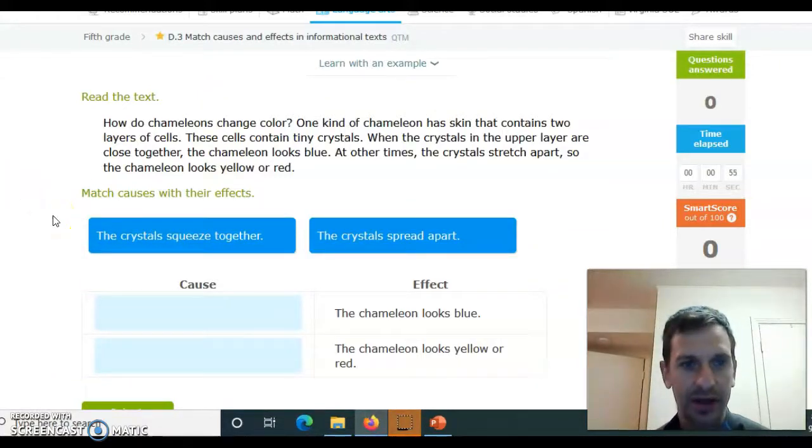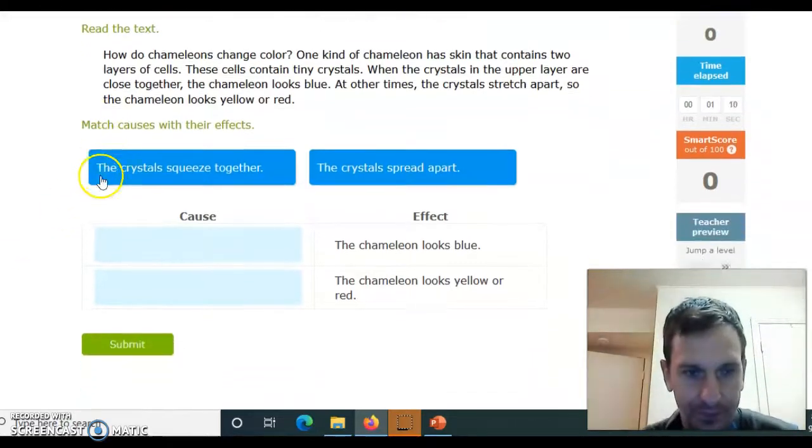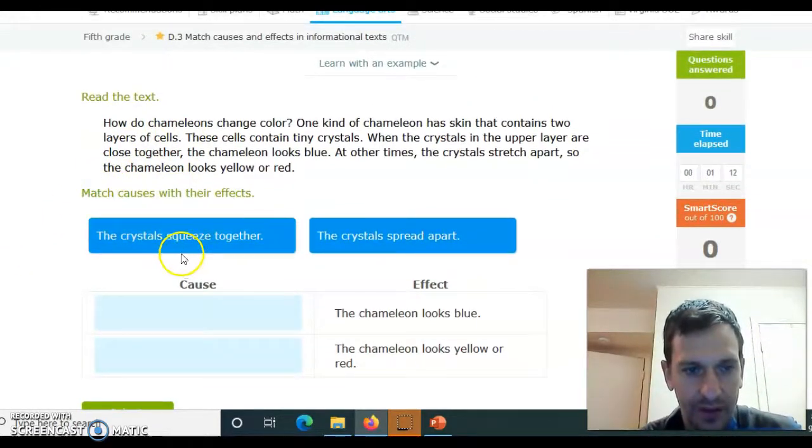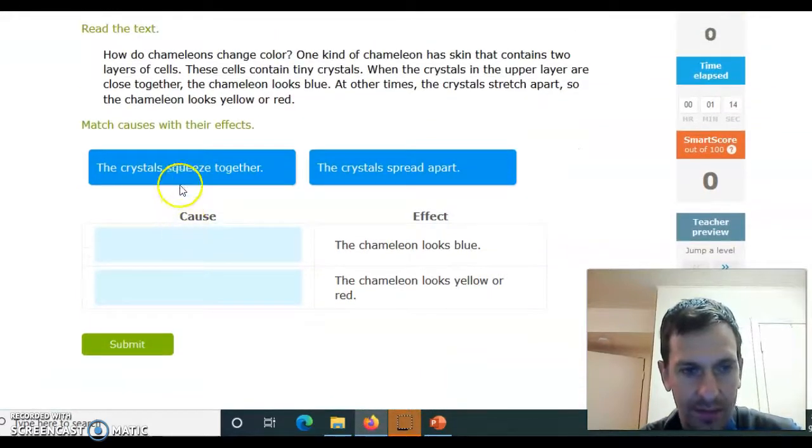How do chameleons change color? One kind of chameleon has skin that contains 2 layers of cells. These cells contain crystals. When the crystals in the upper layer are close together, the chameleon looks blue. At other times, the crystals stretch apart so the chameleon looks yellow or red. Alright, so the cause is what happened. Crystals squeeze together.